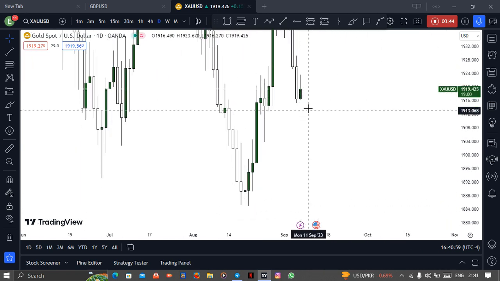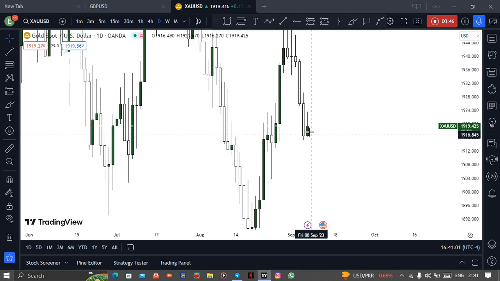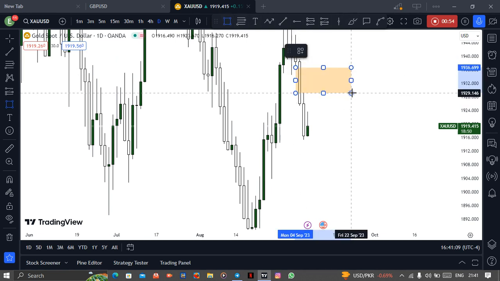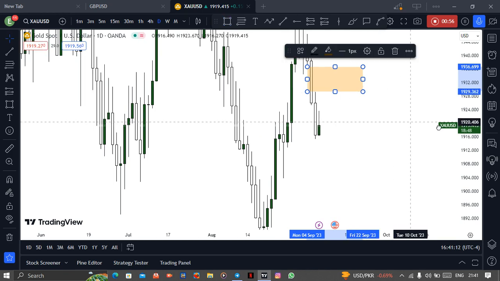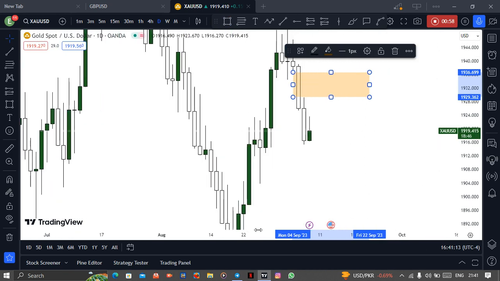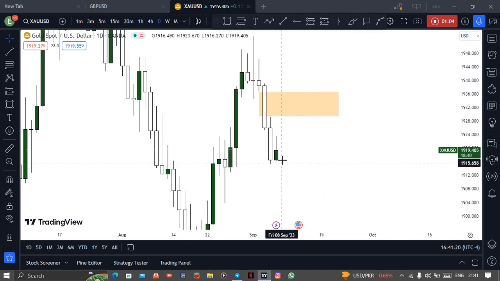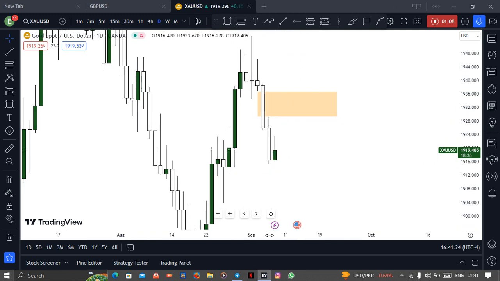Okay, this is today's candle. I was actually expecting a retracement higher to probably this fair value gap here on the daily time frame. Though we didn't get that, but then I did get a buy. And you having a draw on liquidity doesn't mean that you are actually taking a trade that will take you to that particular area.